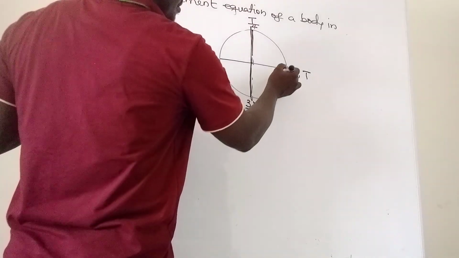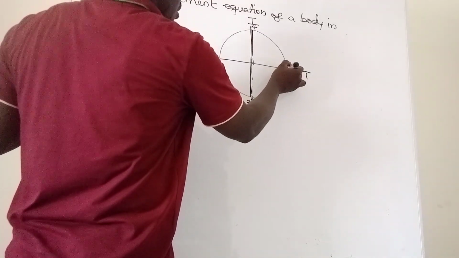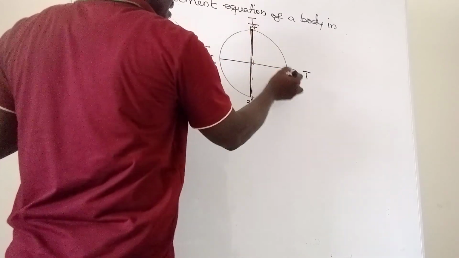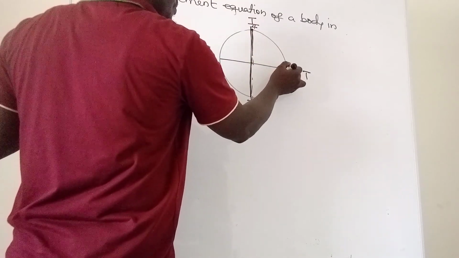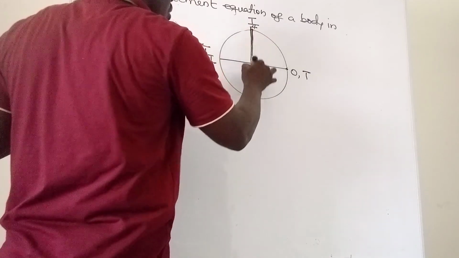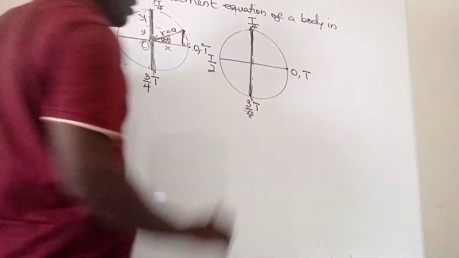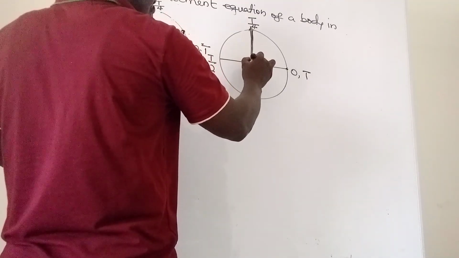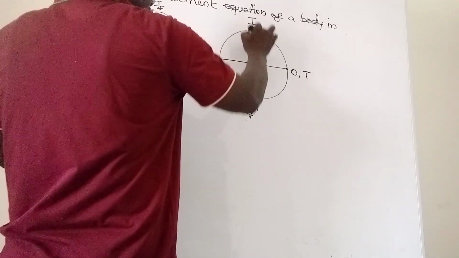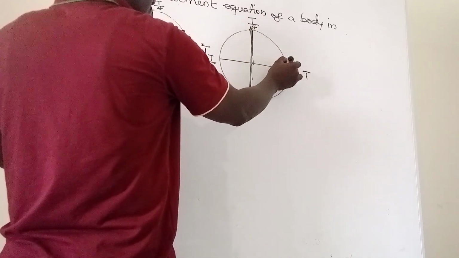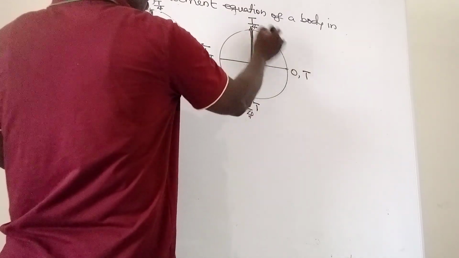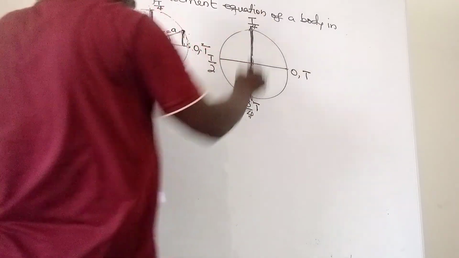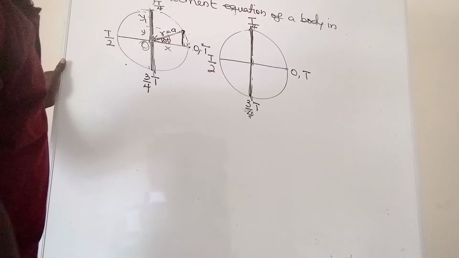When the body moves and comes here, at time t is equal to a quarter of the period, what is the displacement of the particle? When we trace it, this is it. Meaning it has used the time T on 4 to move from here to this point, and its displacement will be the maximum displacement, which is the amplitude.